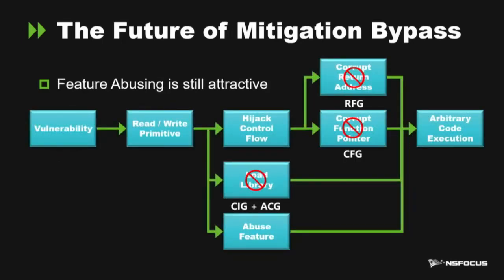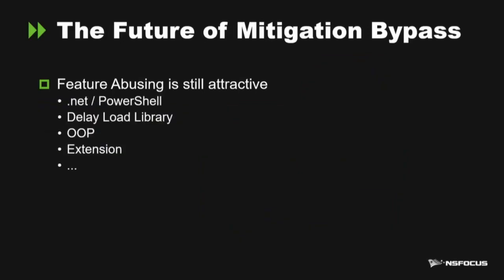And in the end, there is still feature abusing. There are at least some possible ways, such as DotNet or PowerShell, to abuse delay load library, and to abuse out-of-process technique and extension.